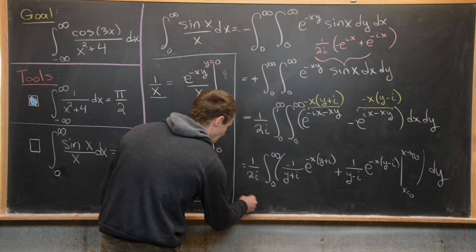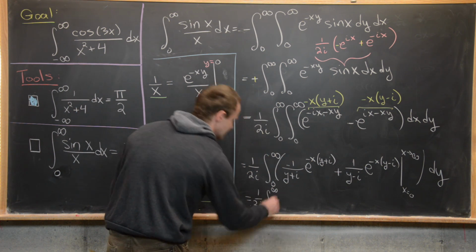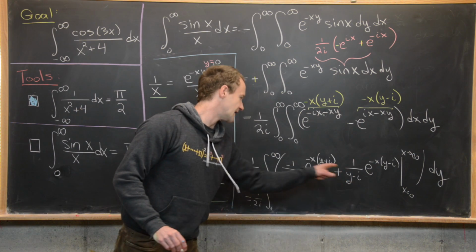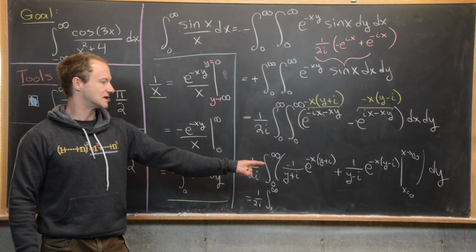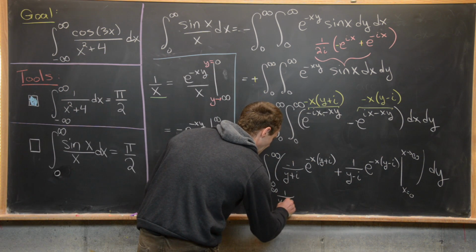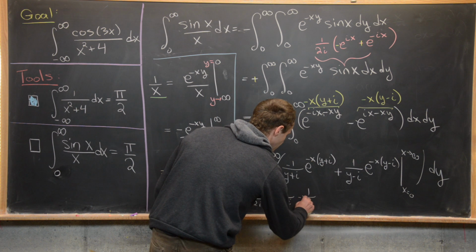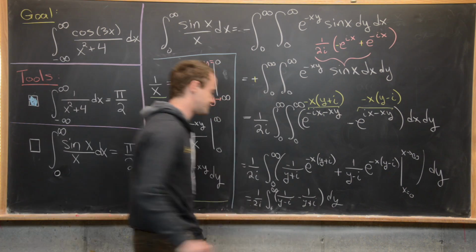Let's write that. We have 1 over 2i, the integral from 0 to infinity. Plugging in x equals 0, we get 1 for this, 1 for this, but since it's the lower bound, we have to change the sign. That'll be 1 over y minus i minus 1 over y plus i, and then dy.